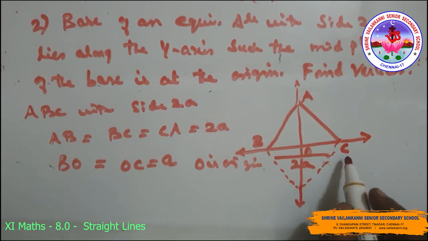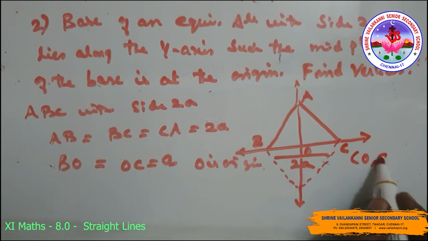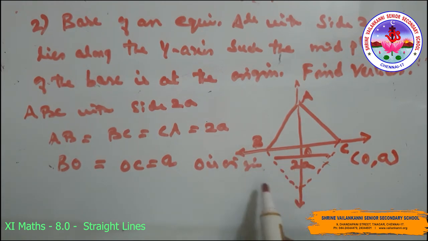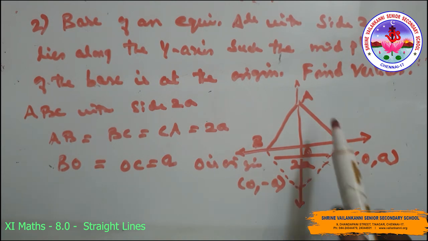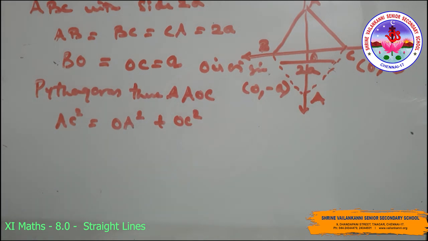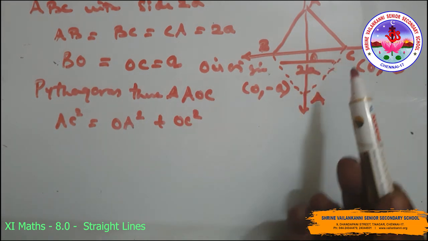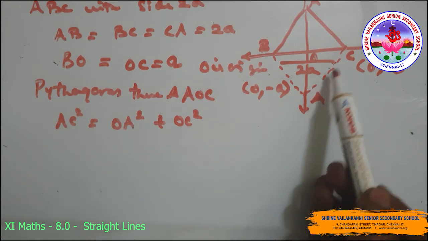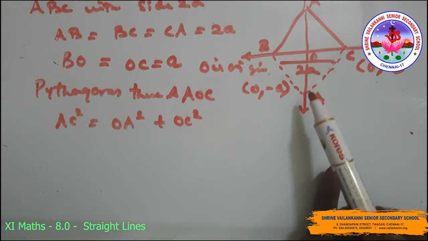The coordinates of C are (0, a). Coordinates of B are (0, -a). It is known that the line joining a vertex of an equilateral triangle with the midpoint of its opposite side is perpendicular. Hence, vertex A lies on the x-axis. Applying Pythagoras theorem on triangle AOC, we obtain AC square, the hypotenuse square, equal to the sum of the squares of the other two sides.